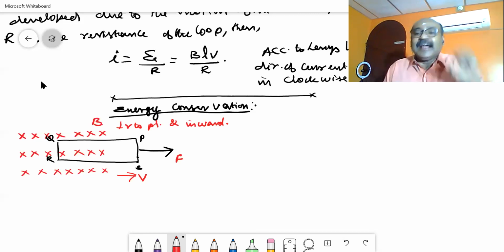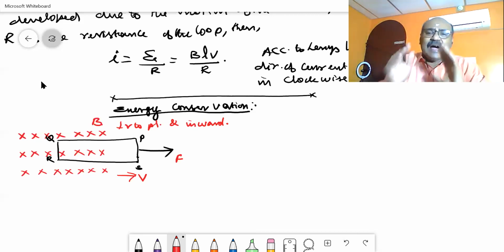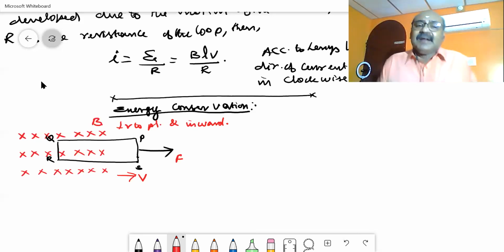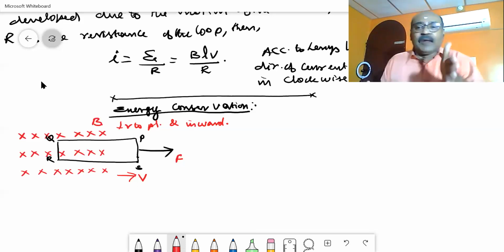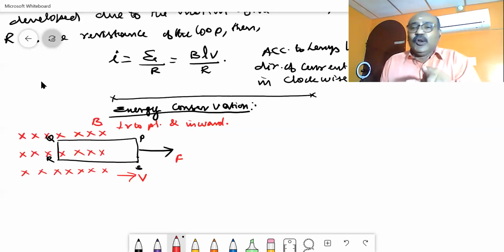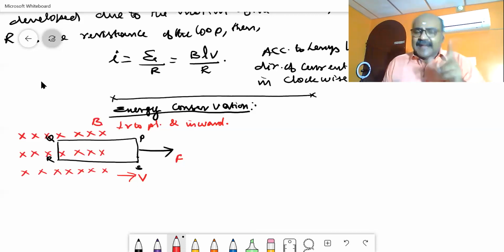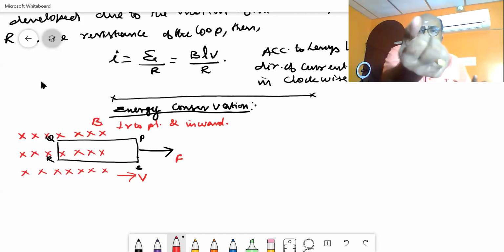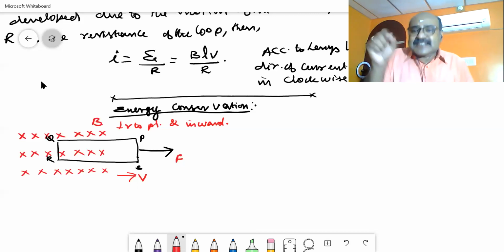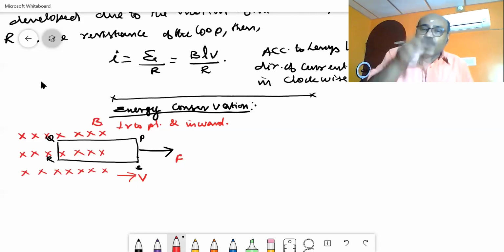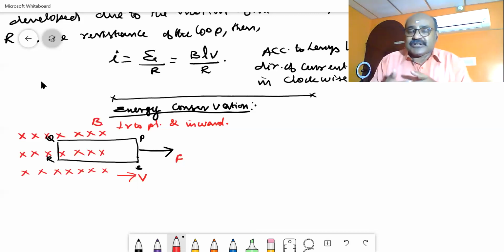I am considering a uniform magnetic field, the same concept we considered in the previous case, acting perpendicular to the plane of the paper and inwards. Inside this, I have a closed loop of width L, of area A. Now I am going to pull that loop towards the right with the help of an external force, because when the loop is in the magnetic field, a magnetic force develops while in motion, given as B I L sin theta.